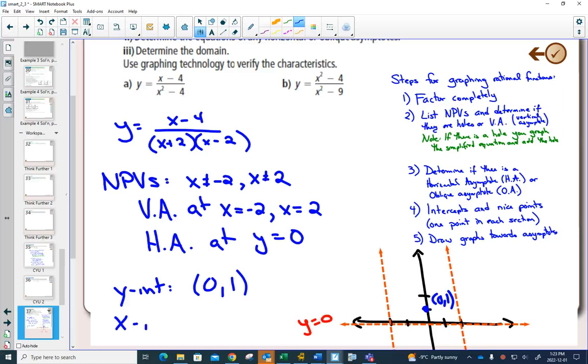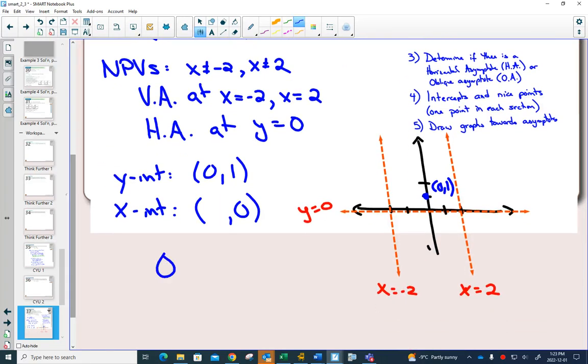X-intercepts. Find all of your x-intercepts. Again, you find an x-intercept by plugging in 0 for y, and in this case, by plugging 0 for y into the factored form. Remember, the right-hand side is a fraction, and the only place a fraction is equal to 0 is if the numerator is equal to 0.